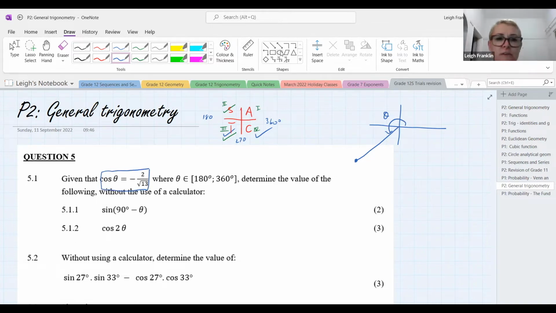So cos theta is what over what? What does cos theta mean for us? Cos theta is in terms of x's and y's and r's and that sort of thing. What does cos theta represent?